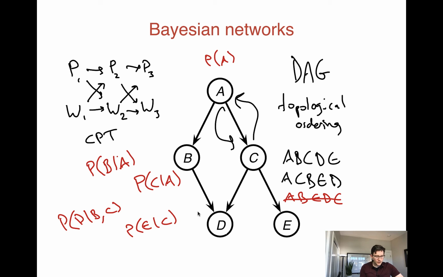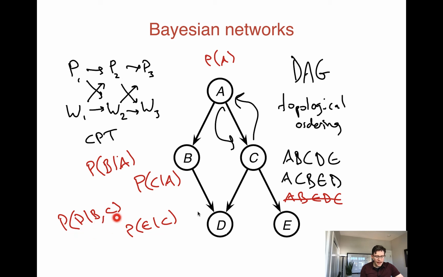Okay, so these distributions in red are the ones we'll need to specify the distribution for this Bayesian network. We'll have probability of A given nothing, because it doesn't have any parents. Probability of B given A, C given A, because each of them has just one parent in this network.